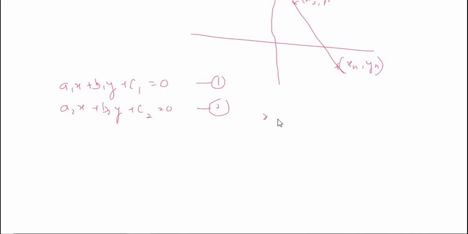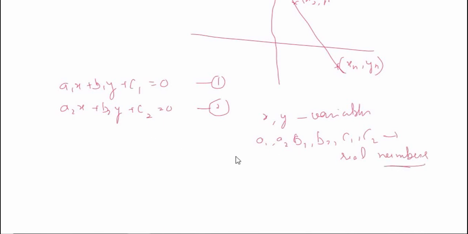Here x and y are the variables, and a1, a2, b1, b2, c1, c2 are real numbers, need not be integers. They can even be irrational numbers. We can have a1 as root 2, no problem.